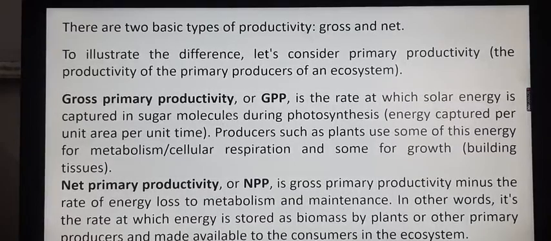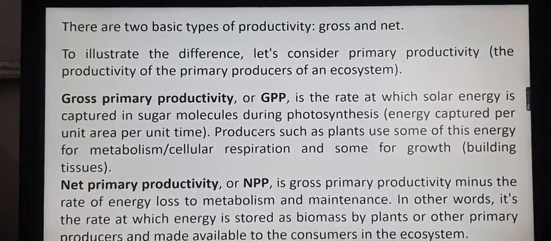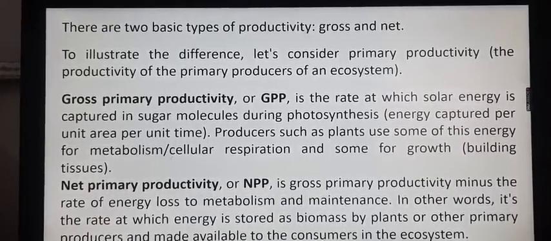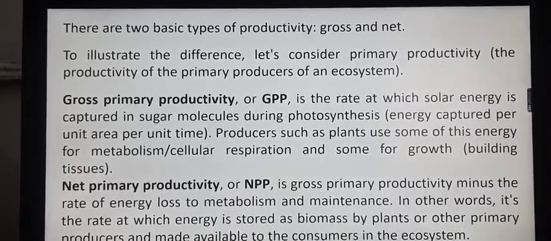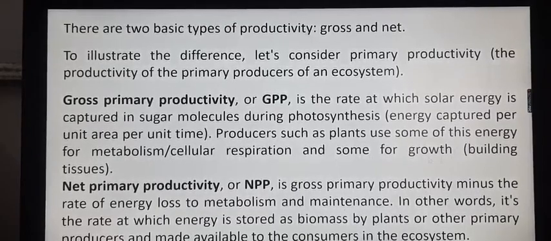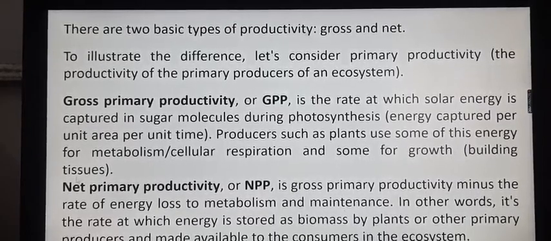Then sugar molecules are used in metabolism and cellular respiration, and the products formed during metabolism help in the growth and building of tissues.